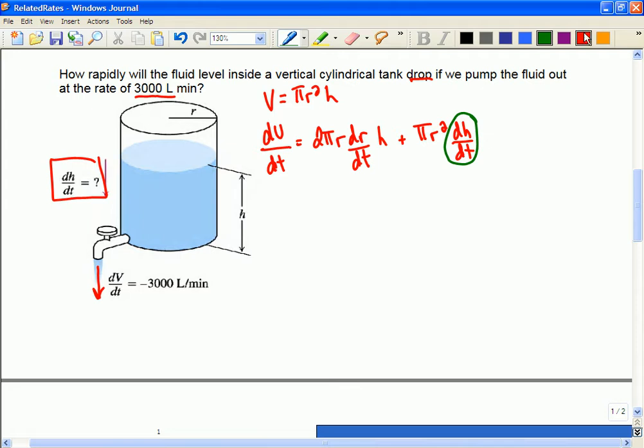So I'm going to rearrange that, and I'll have this here, and I can divide that out.